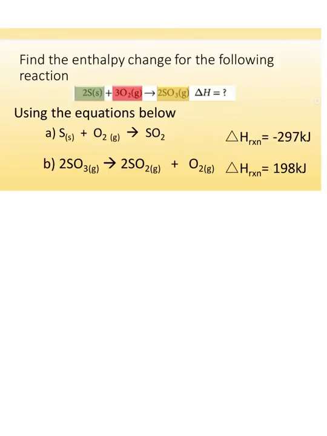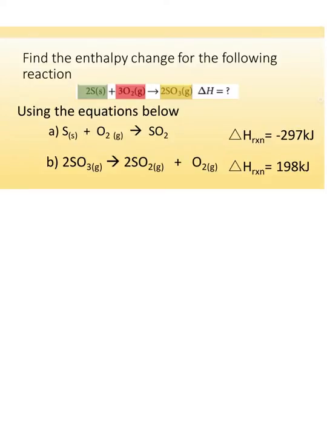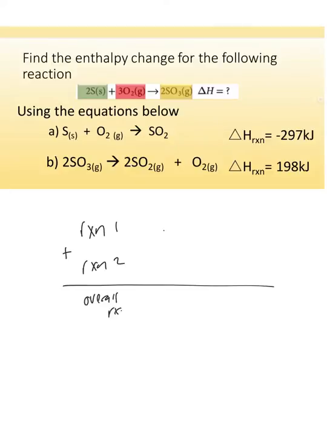Because remember, Hess said that if you have reaction 1 and reaction 2 and you want to add them together to get the overall reaction, then we can find the sum of the delta H for the first reaction and the delta H for the second reaction to get the overall enthalpy change, like this.